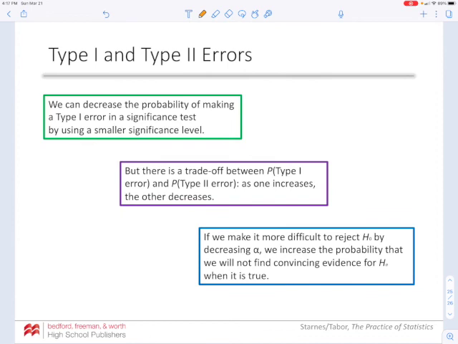So we can decrease the probability of making a type 1 error by using a smaller significance level, since those are the same value. The probability of a type 1 error is equal to the value of the significance level. But there's a trade-off between the probability of a type 1 error and the probability of a type 2 error. As one increases, the other decreases. So if we make it more difficult to reject the claim by decreasing alpha, we increase the probability that we will not find convincing evidence.